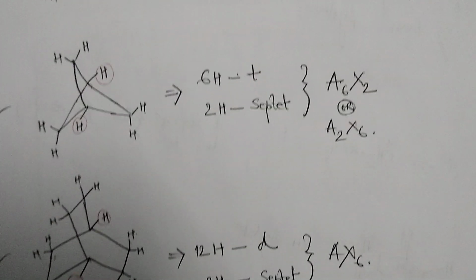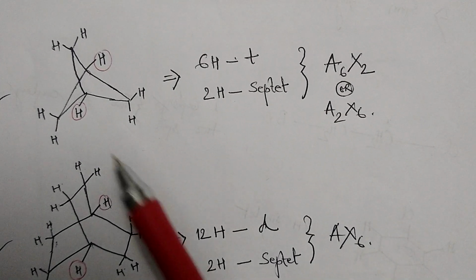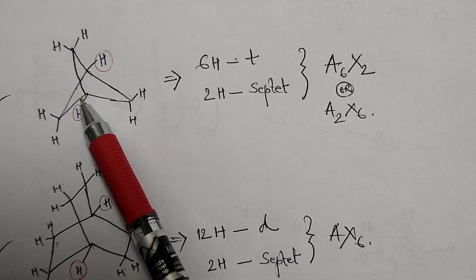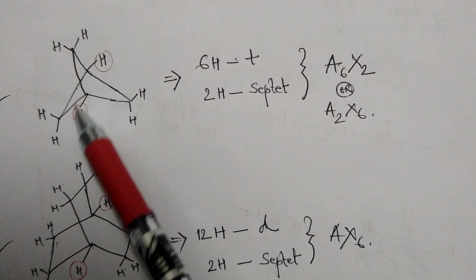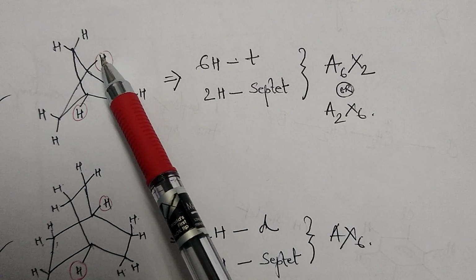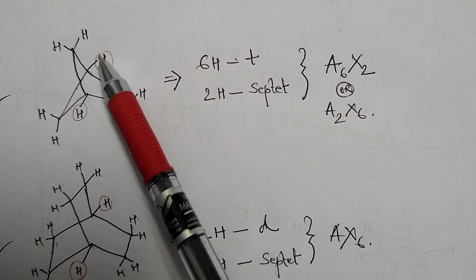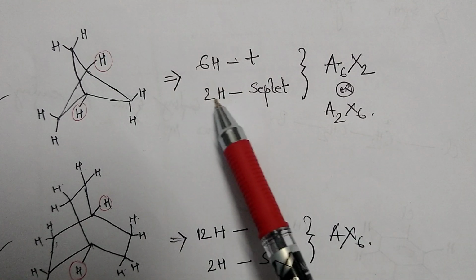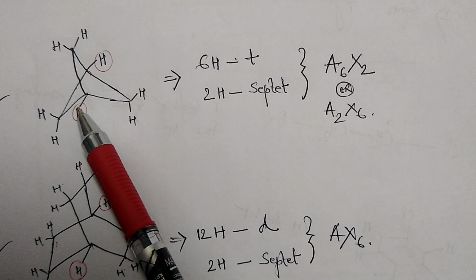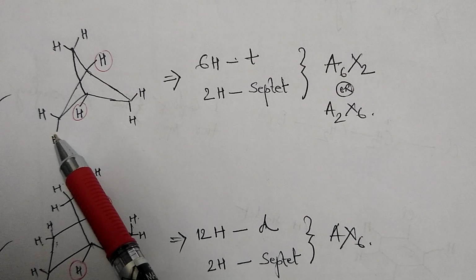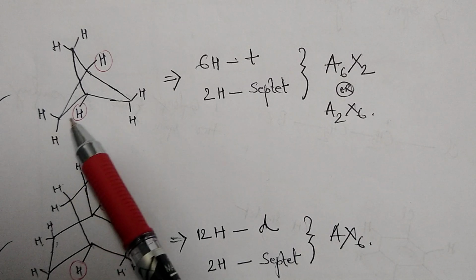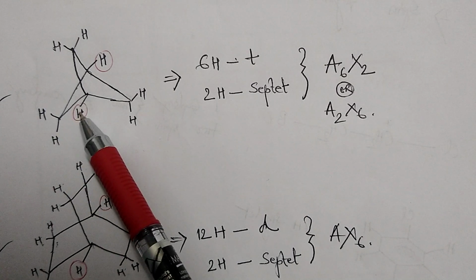Likewise, another example, if you see here, we have this molecule. In this, the 2 bridgehead protons are in the same environment as each other. These protons are in the environment of 6 protons, so the bridgehead protons will give a septet signal.